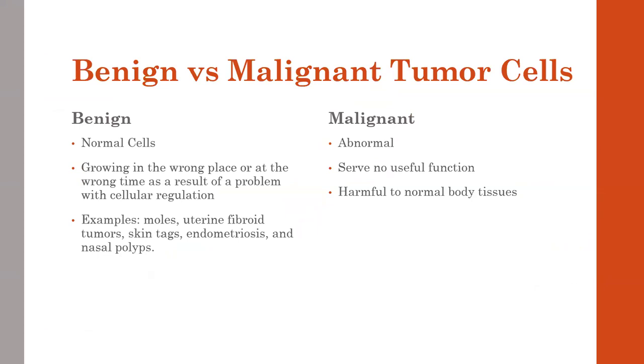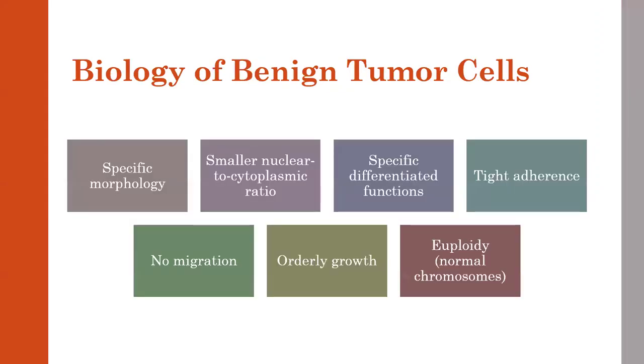Malignant cells are abnormal. They have no useful function, and their sole job is to cause trouble for other cells in the body. So the biology of benign tumor cells has a specific morphology. They haven't de-differentiated. They have a smaller nucleus because, remember, they are still under the control of the body to stop growing at a certain point.